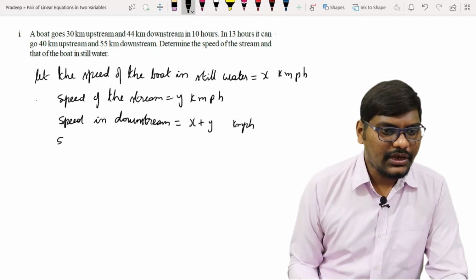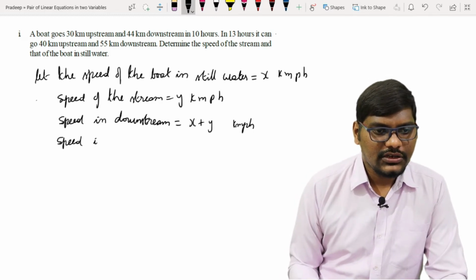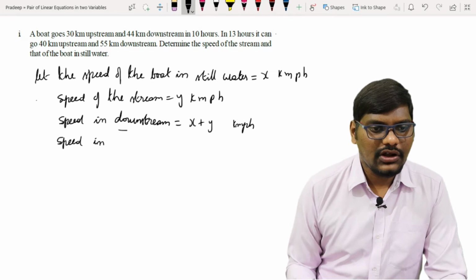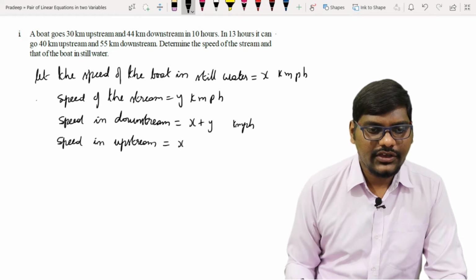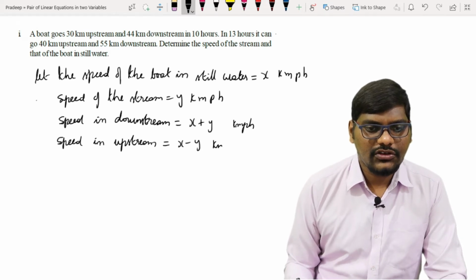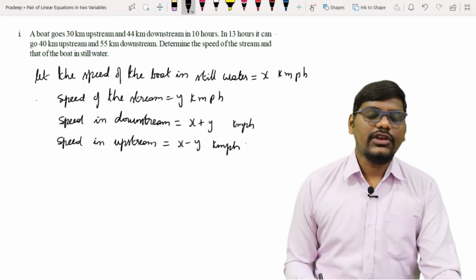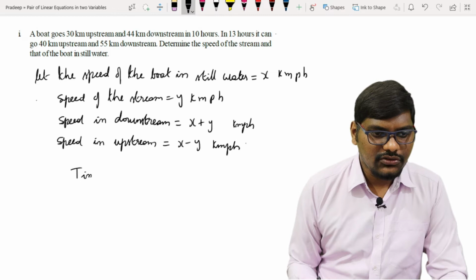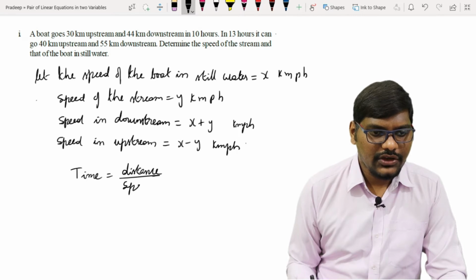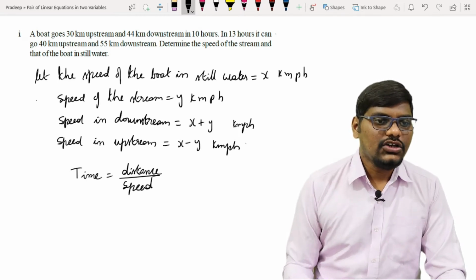Speed in upstream we always write as x minus y, also kilometer per hour. We know the very familiar formula: time is equal to distance by speed. This formula we are going to use here.